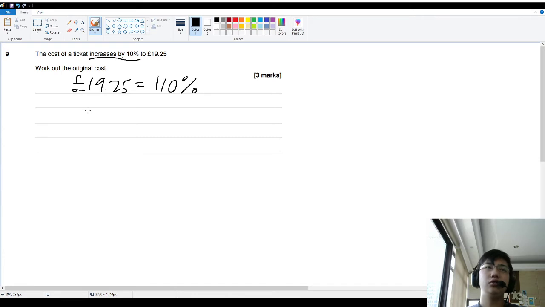Therefore, the original cost can be figured out by dividing £19.25 by 1.10, which is a way of stating 110% in decimal form. And this gives us a value of £17.50, giving us the answer to this question.